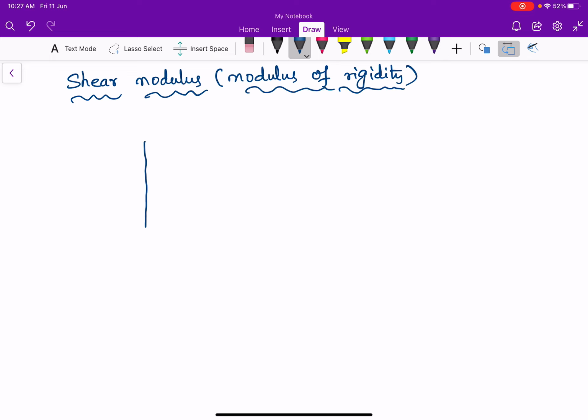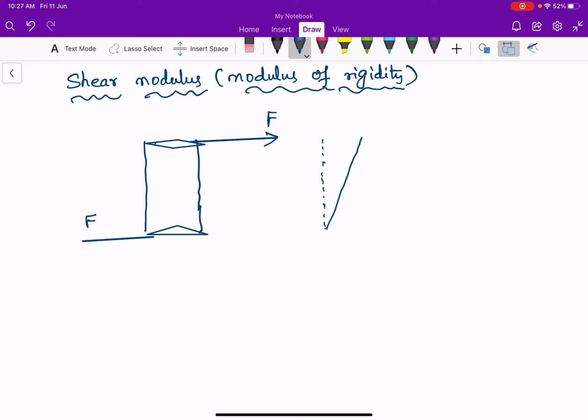When an object is taken like this, if we apply two equal and opposite forces along the tangential direction, because of the application of force, the cylinder will be displaced in the tangential direction like this.